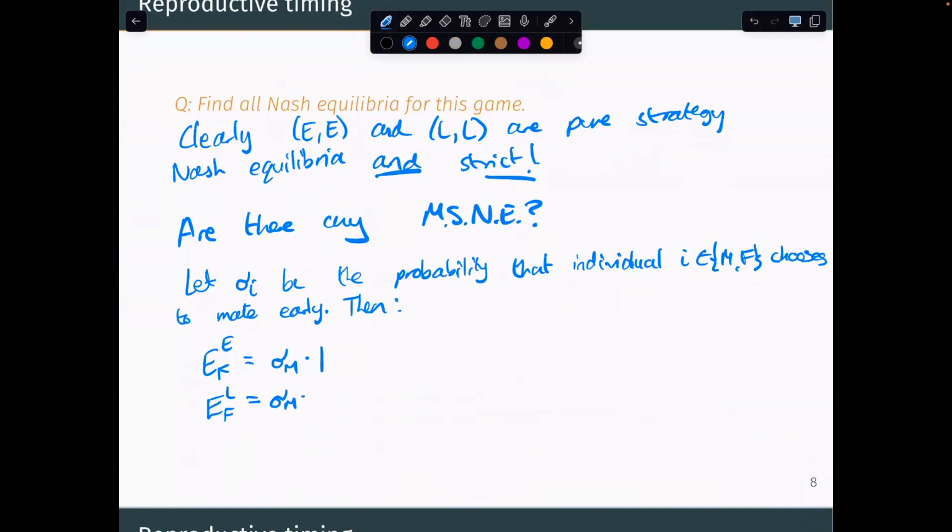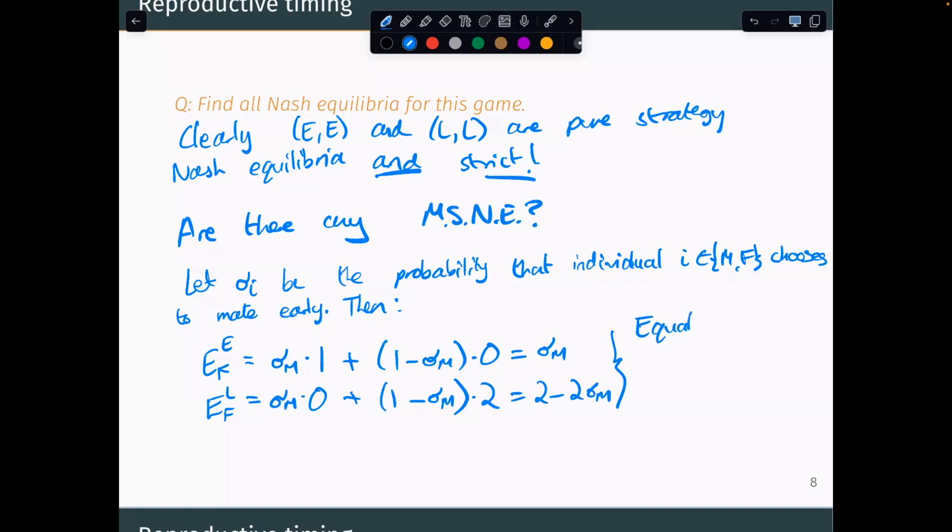If females mate late and males mate early, there's a payoff of 0. And the probability that males mate late is 1 minus sigma M. If females mate early, they get a payoff of 0. If they mate late, they get a payoff of 2. So we end up with sigma M and 2 minus 2 sigma M.